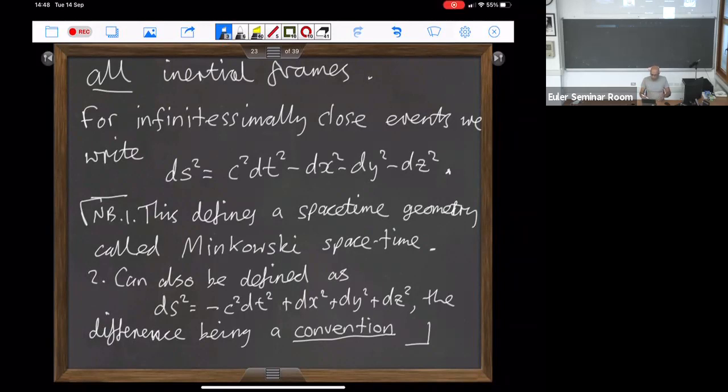And you'll learn more about what these things are, for example, in the general relativity course. And just to make connection with that course, this metric, this infinitesimal form of the interval, defines what's called the Minkowski space-time metric geometry. But we don't need to worry about those words in this course, apart from maybe the word Minkowski.